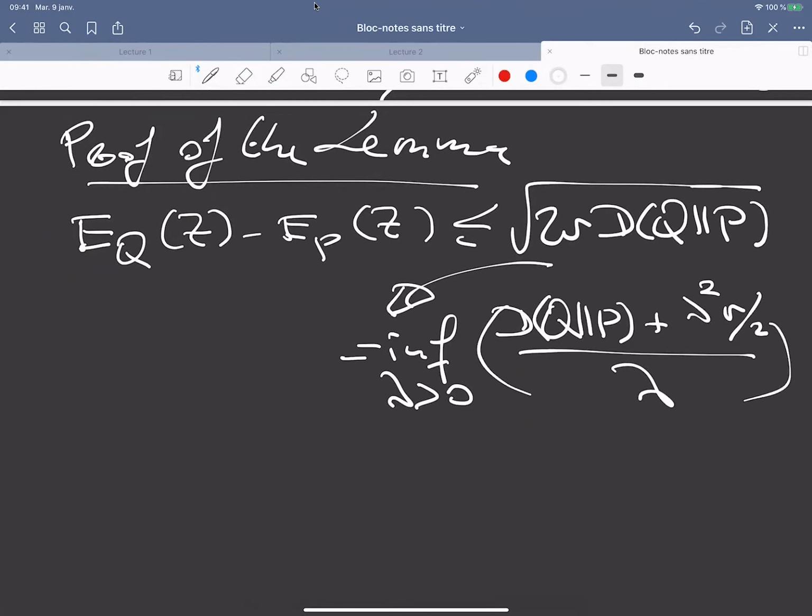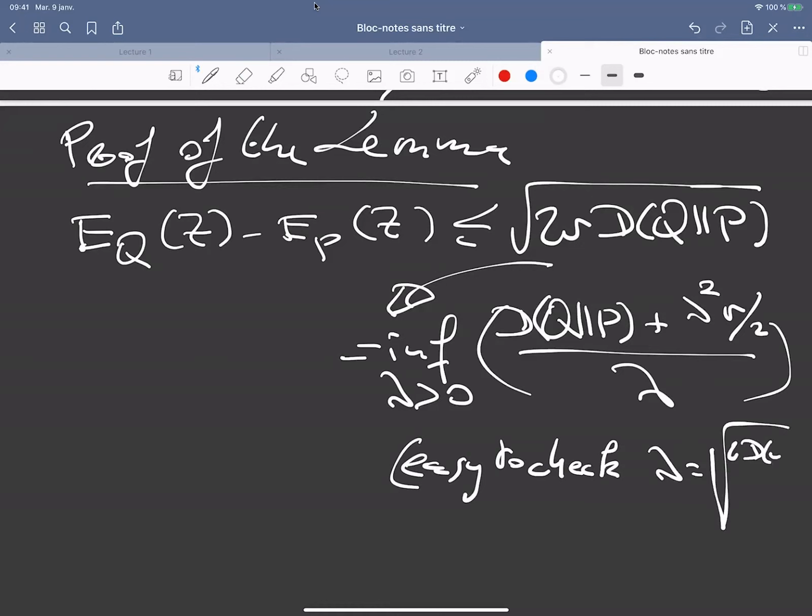This is very easy to check. The infimum is achieved at lambda equal to square root of 2 times the relative entropy over V.